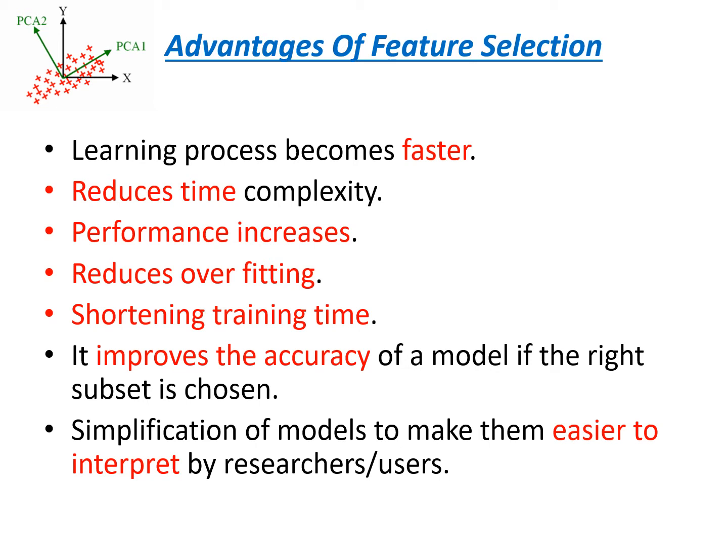The time complexity also reduces and its performance increases, and it also handles the problem that arises due to noisy data. Then since the corresponding subset has reduced features, the training time can be reduced. At the same time, it will improve the accuracy of the model.